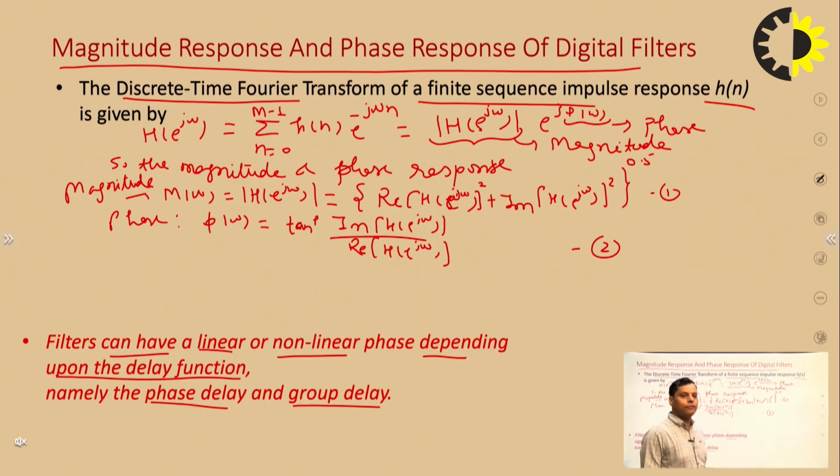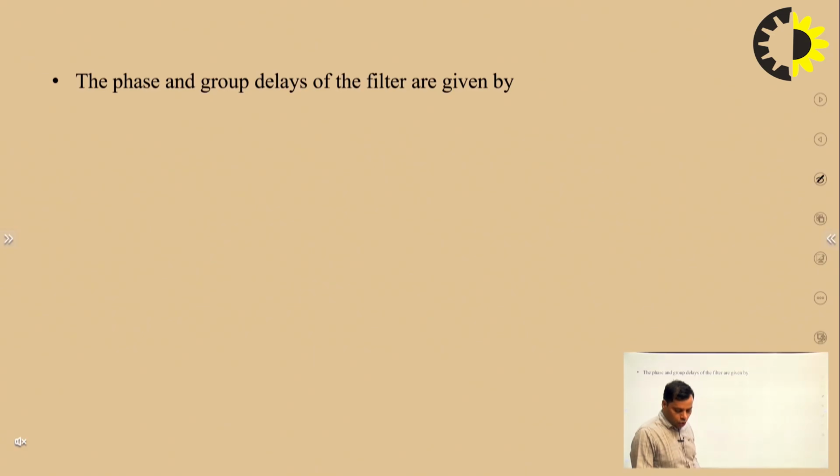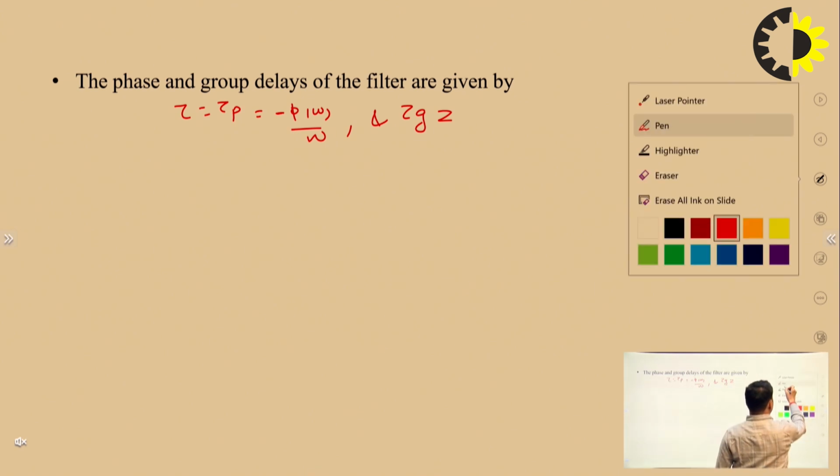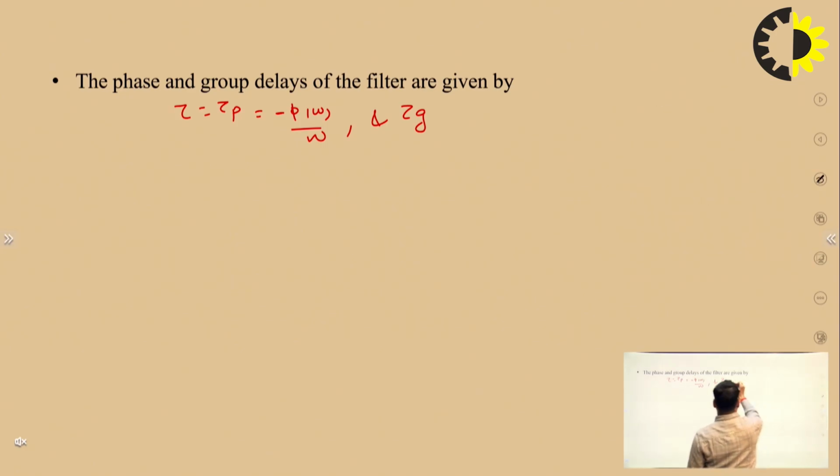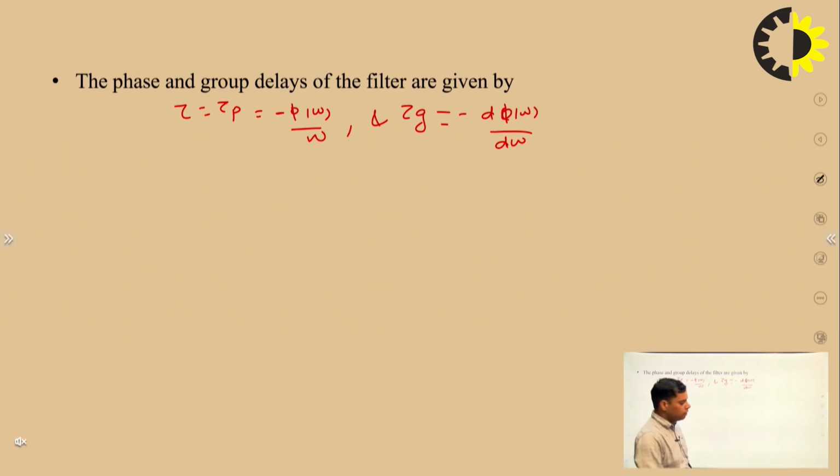With the help of these two equations, we now calculate the phase delay and the group delay of the filter, given by tau p equals minus phi of omega divided by omega, and tau g equals minus d of phi of omega over d omega, respectively.